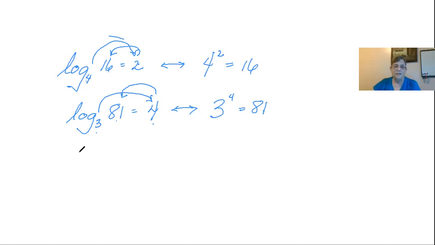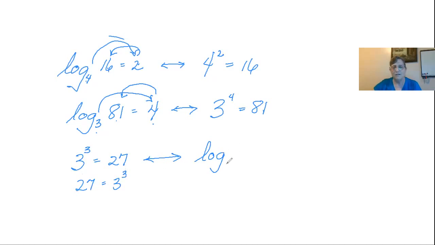What if we had 3 cubed is 27? Write that in logarithmic form. Well, then you write log, and then whatever is being raised to the power is your base. Now, this could be written as 27 equals 3 cubed.